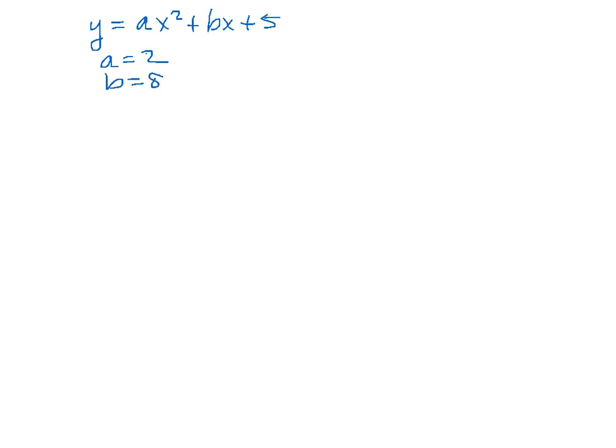That was the solution of the two equations we got. So plug these two numbers into the equation. You get y is equal to 2x squared plus 8x plus 5. Now I could easily have done that on the other slide. So I'm just going to get rid of this.